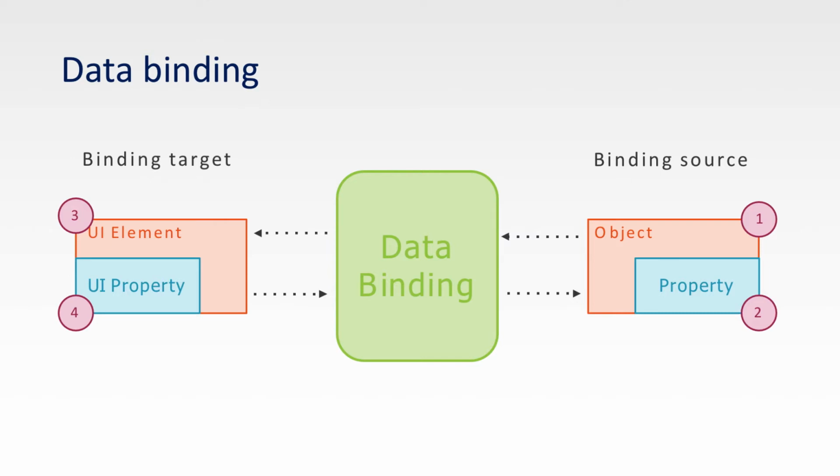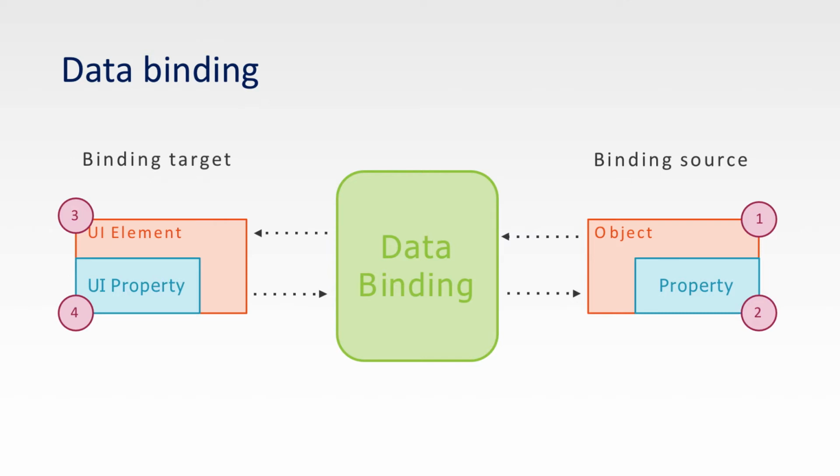As you can see, we have these arrows that sit between the binding source and the binding target. This means that you can also do this vice versa. If we have a text box that lives in the UI and the user writes anything for the customer name, it will be reflected directly to the binding source, which is the in-memory data.